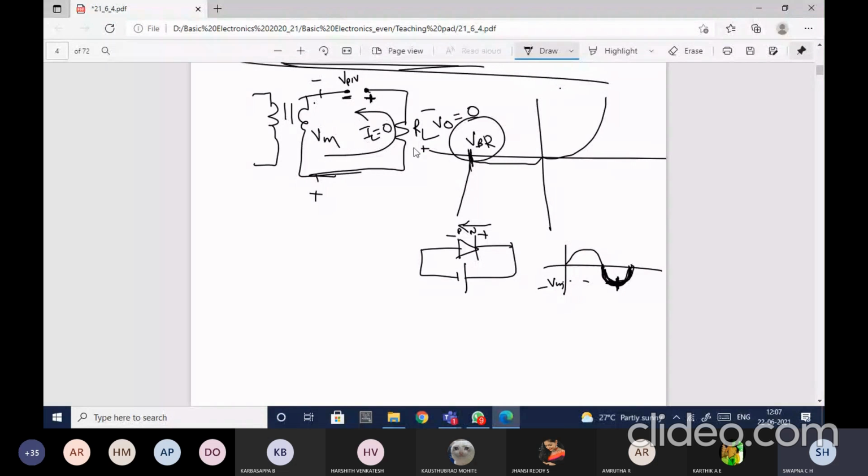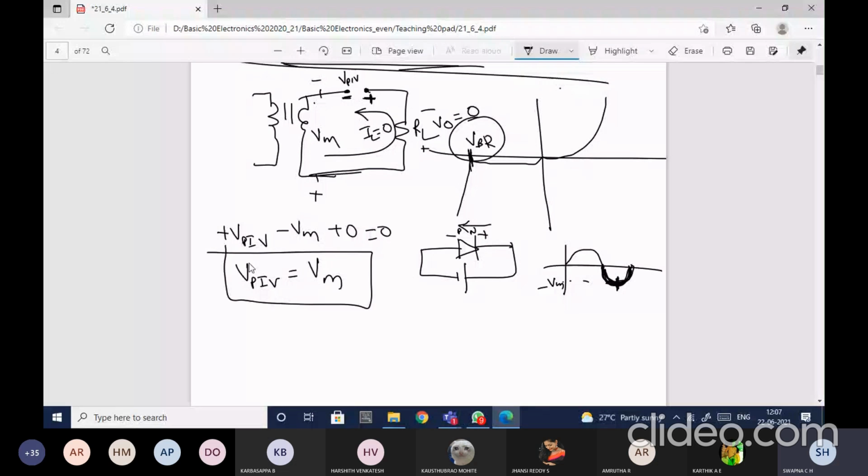I'm moving in the anti-clockwise direction. The first symbol is plus, so plus VPIV, next minus VM, plus 0 is equal to 0. So VPIV is nothing but VM. So the peak inverse voltage of the half wave rectifier is VM.